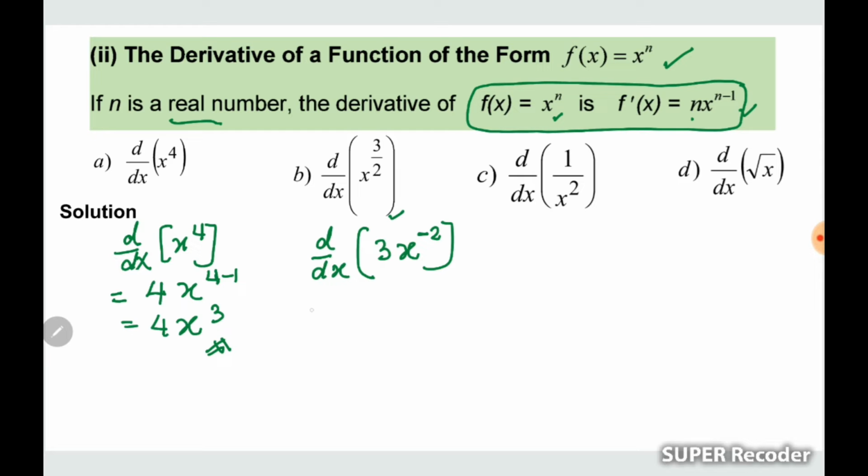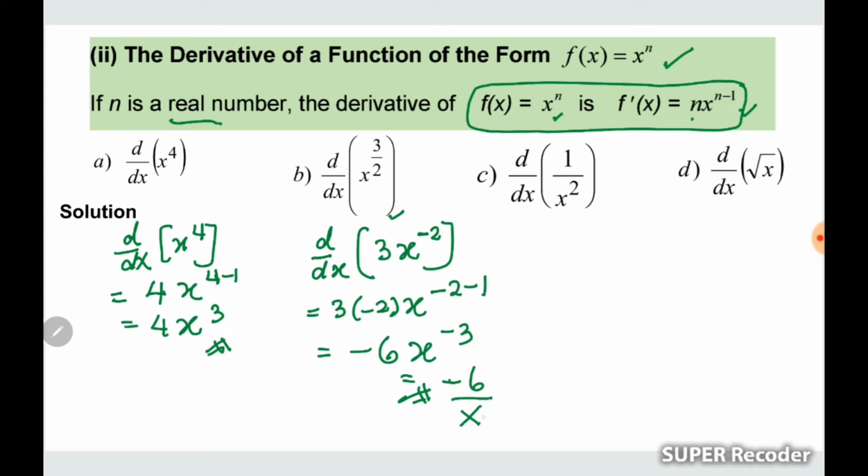Okay, so the answer is 3, you have to multiply with negative 2, x to the power of negative 2, you have to minus 1. So the answer is negative 6 x to the power of negative 3. Okay, or simplify to get negative 6 over x to the power of 3.